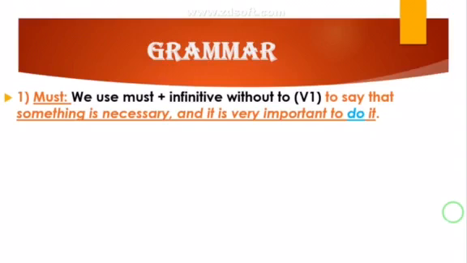Let's start with the first point, must. We use must plus infinitive without to. Infinitive without to means verb 1. We use must plus verb 1 to say that something is necessary and it's very important to do it.